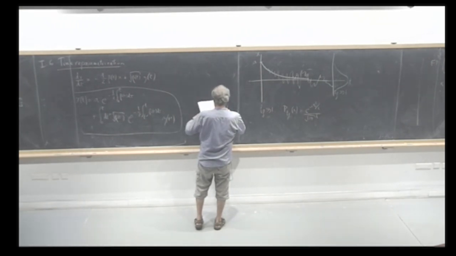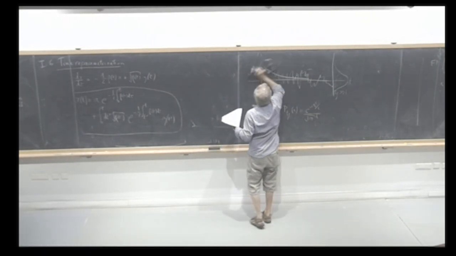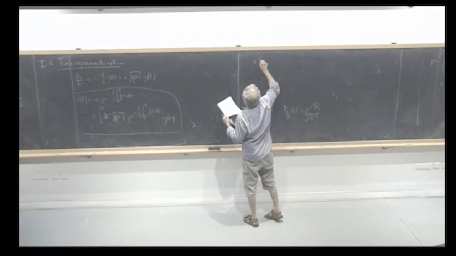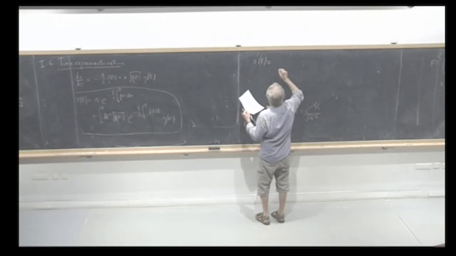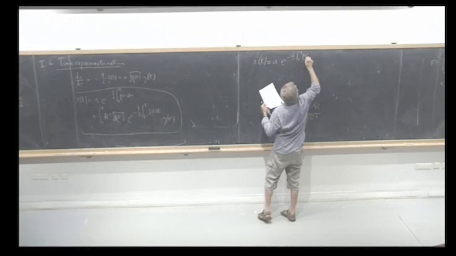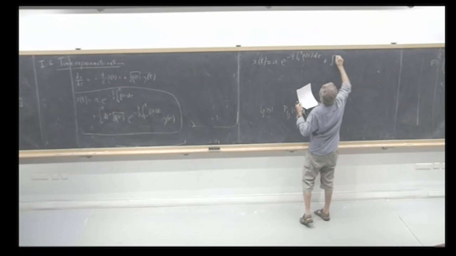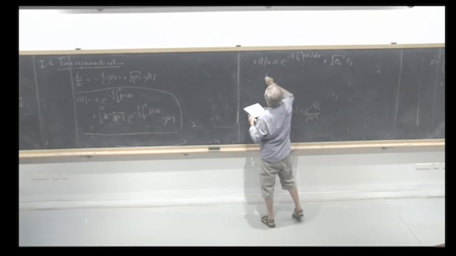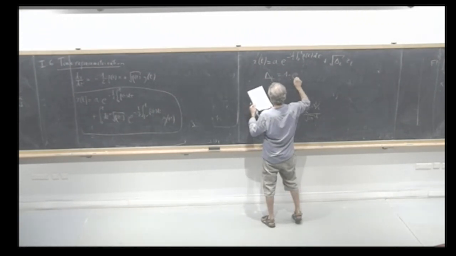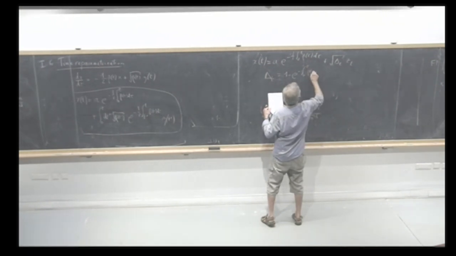And the variance of x of t is equal to, and you find that the variance now has become 1 minus exponential minus integral 0 to t of beta of tau d tau.